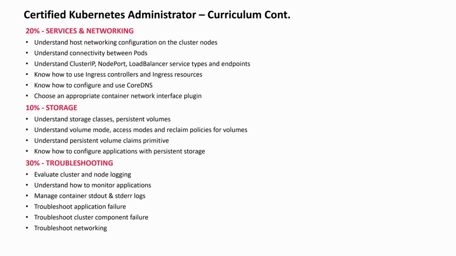20% goes to services and networking. Same thing, a little more detailed about how the pod networking works with various configurations around it. 10% storage, know about persistent volume and persistent volume claim, and how to access them, the different access modes. 30% troubleshooting, how to troubleshoot the cluster, understand node, cluster and application logging, understand how to monitor applications, how to get those logs using kubectl commands, then troubleshoot networking.